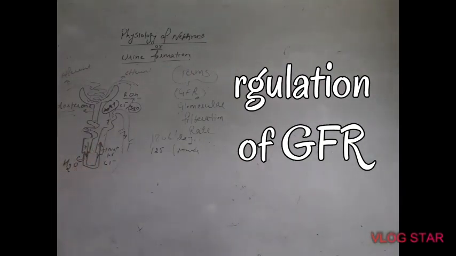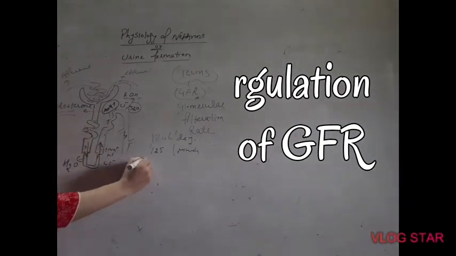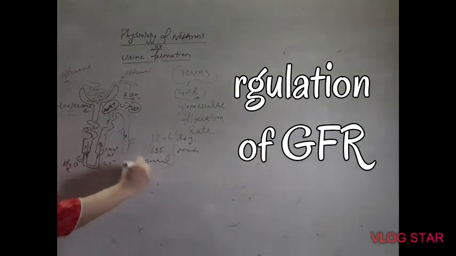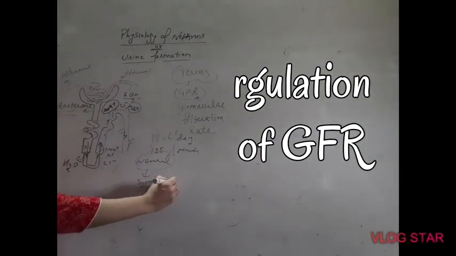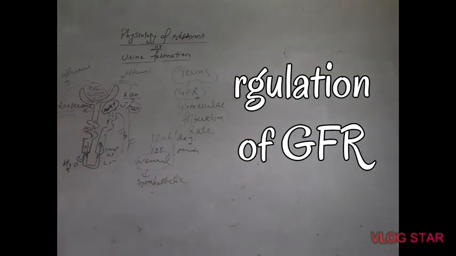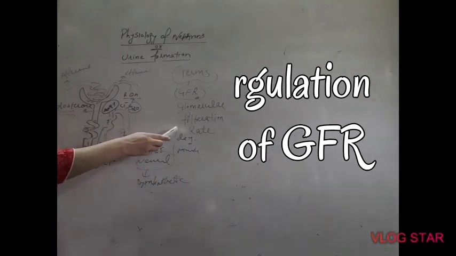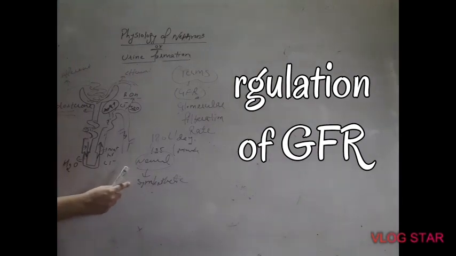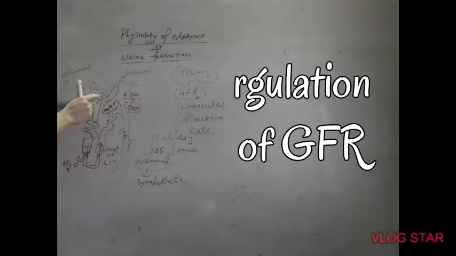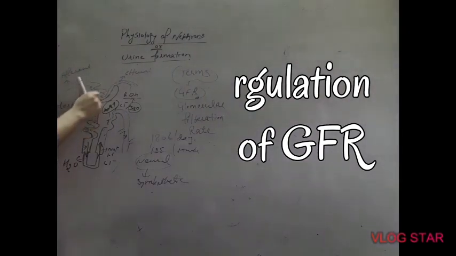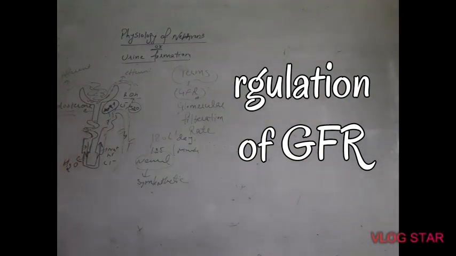First, the neural system, that is, nerves. One nerve, the sympathetic nerve, which arises from the brain, controls this glomerular filtration rate. The sympathetic nerve increases the pressure of the afferent arteriole, and then into the glomerulus, and with increased pressure, filtration gets increased.